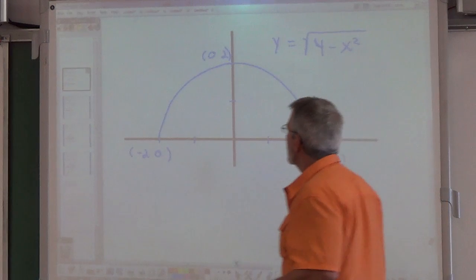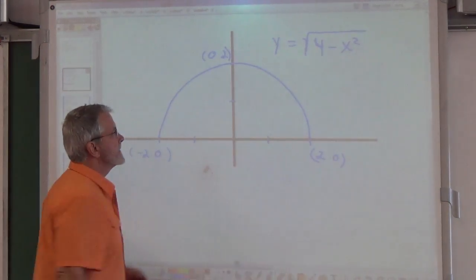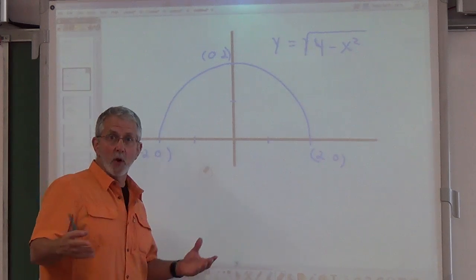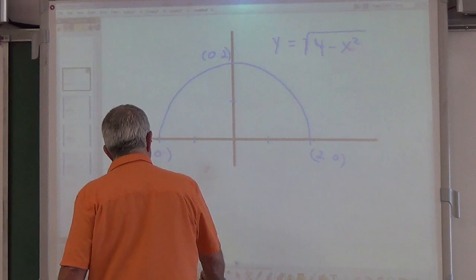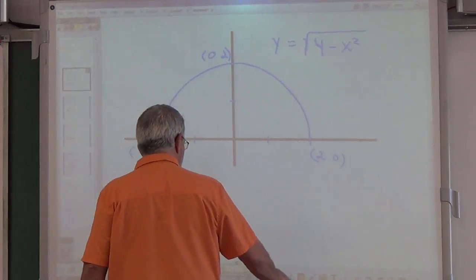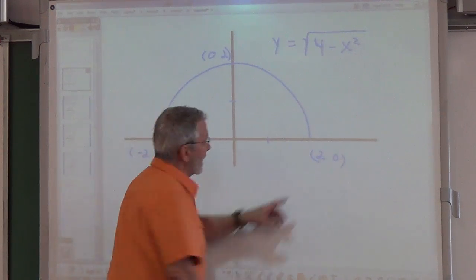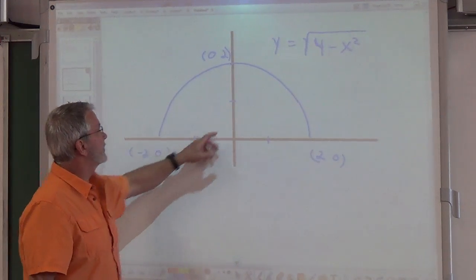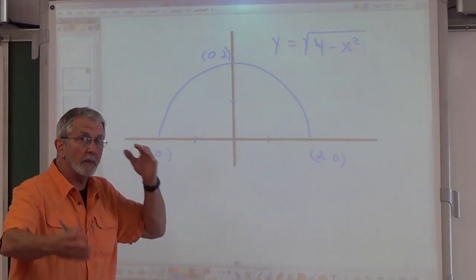And what we're going to do is inscribe a rectangle in there. Let's take note of some important points on this semicircle. This point right here, (2, 0). This point right here, (-2, 0). And this point here, (0, 2). So this is my semicircle. What do I want to do?